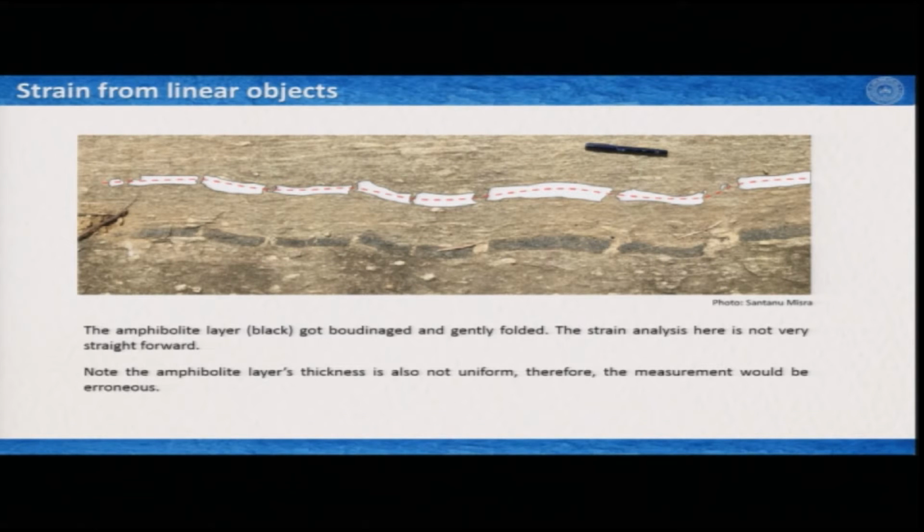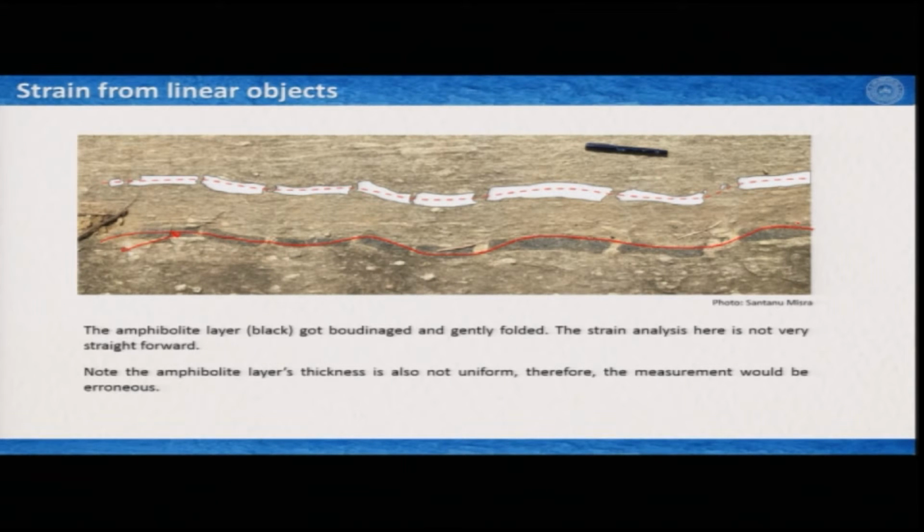For example, what we see in this photograph is this black layer here, this one. You see, very similar to what we have seen in this belemnite fossil, that this amphibolite layer got budinaged. I tried to make a sketch at the top with the white one, but at the same time, while it is budinaging, maybe before or after, you see that it also has a gentle buckling.